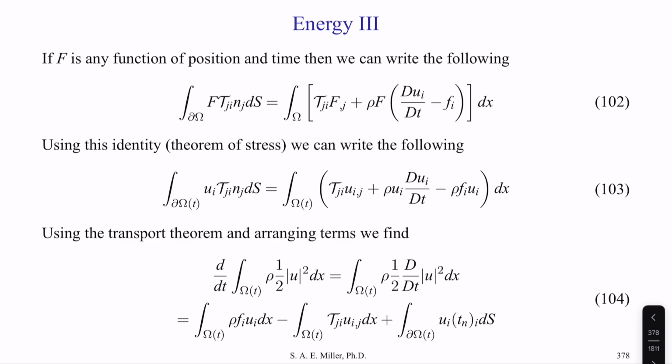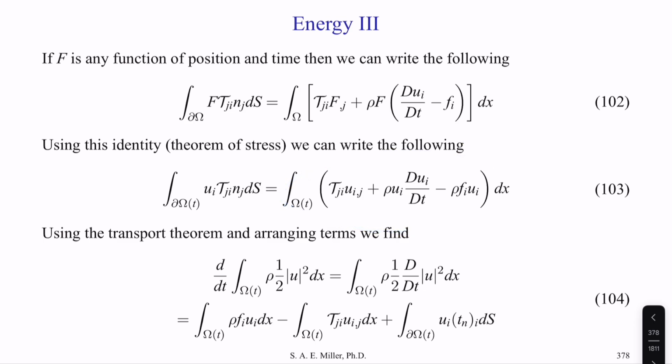For any particular function f, which is a function of position and time, we can write the particular equation. You note here that we've introduced a new term, which we'll describe in a minute. And we can write this surface integral as a volumetric integral. Using the so-called divergence theorem and this identity, we can rewrite 102 with Tn ui, where ui is the velocity, as a volumetric integral.